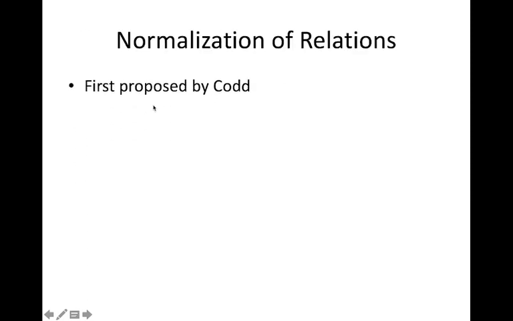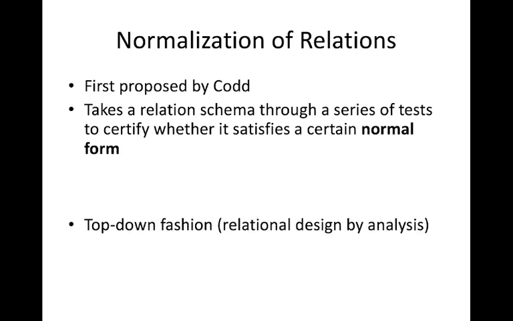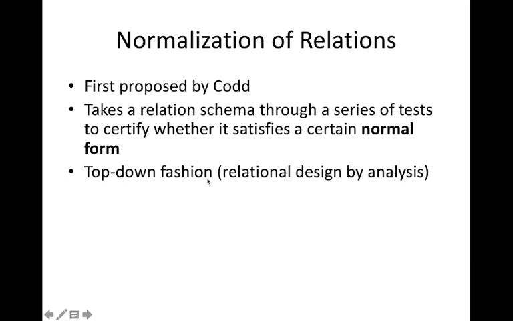Normalization was first proposed by Codd in the 1970s. It takes a relation schema through a series of tests to certify whether it satisfies a certain normal form. So we will simply check the relations against some conditions. If it satisfies these conditions, we will say that this particular table is in this normal form. It's a top-down fashion. This is relational database design by analysis.